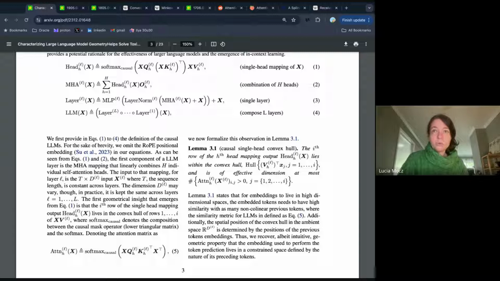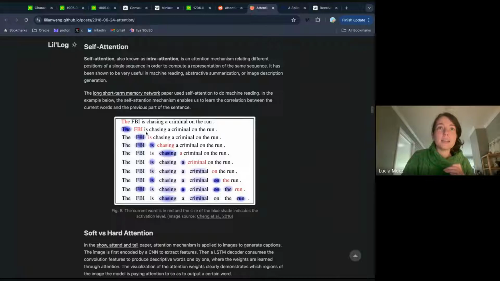And so what happens is that if you set up this geometry, the key lemma inside of this paper, and the most important result inside of this paper, is lemma 3.1, which states that when you're looking at a sentence, let's just say the sentence "the FBI is chasing a criminal on the run", and we take the ith word inside of this sentence, let's just say I is equal to 4, so "chasing".